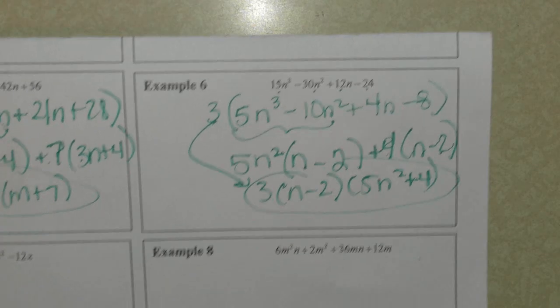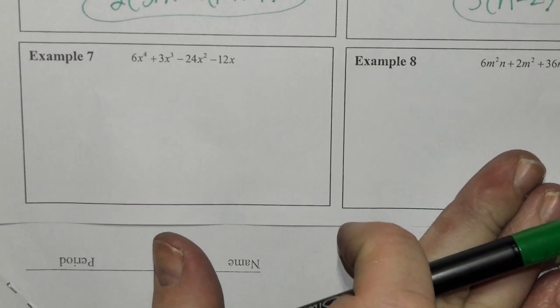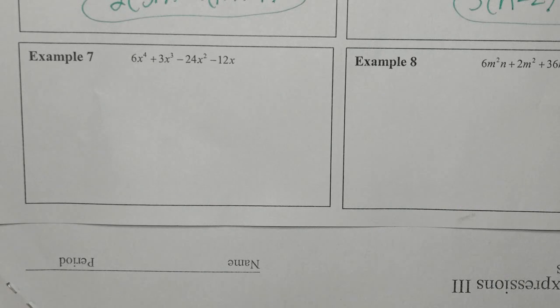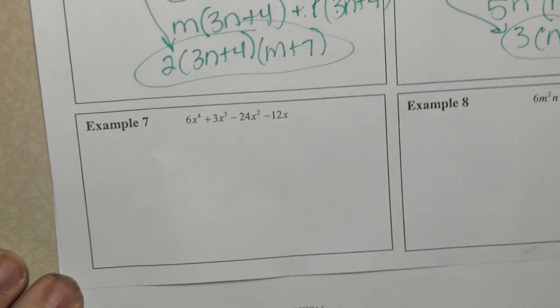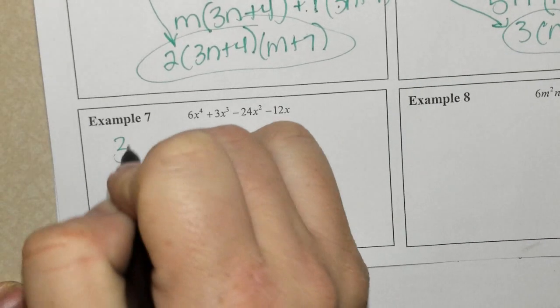Example number 7. Now this one, not only can I factor out a 3, they all can have an x in them. So I'm going to take out a 3x.